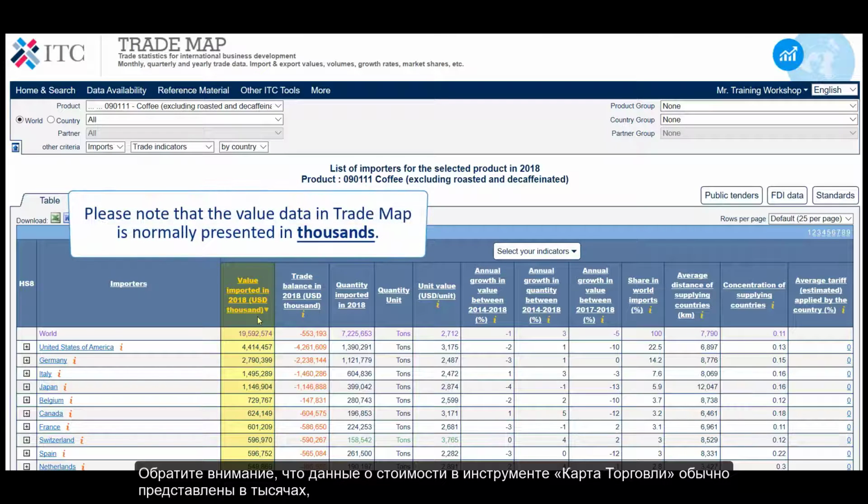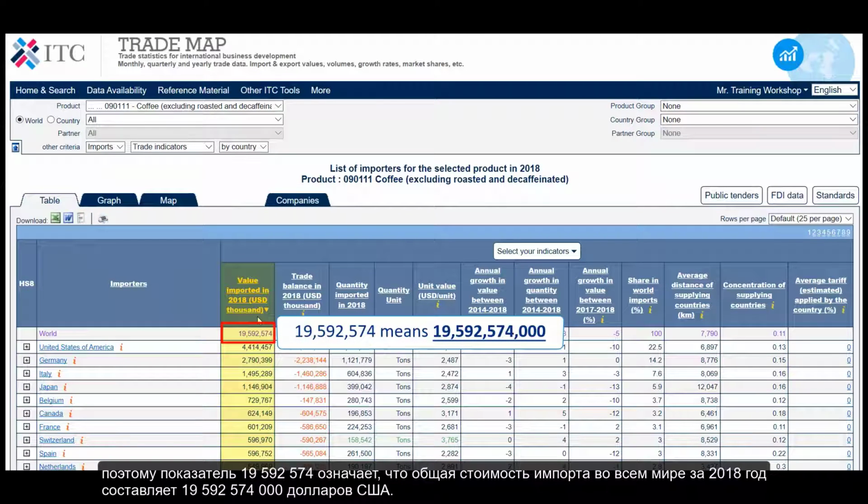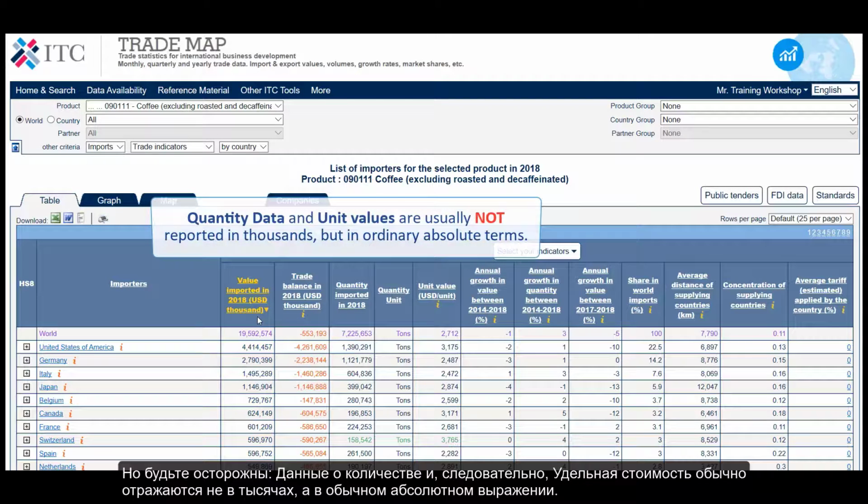Please note that the value data in TradeMap is normally presented in thousands, such that reading 19,592,574 means the total imported value for the world in 2018 is 19,592,574,000 US dollars. But be careful. The quantity data, and therefore also unit values, are usually not reported in thousands, but in ordinary absolute terms.